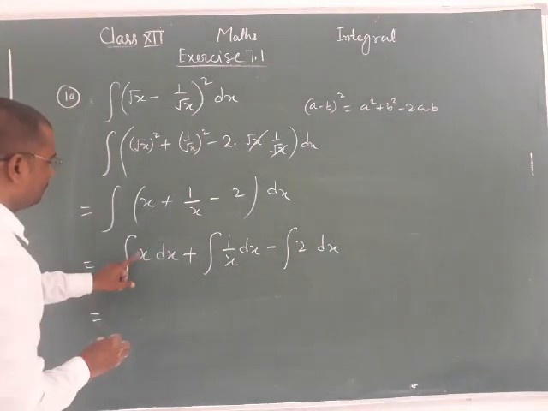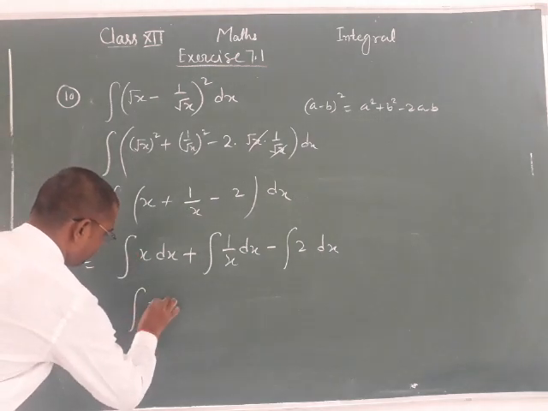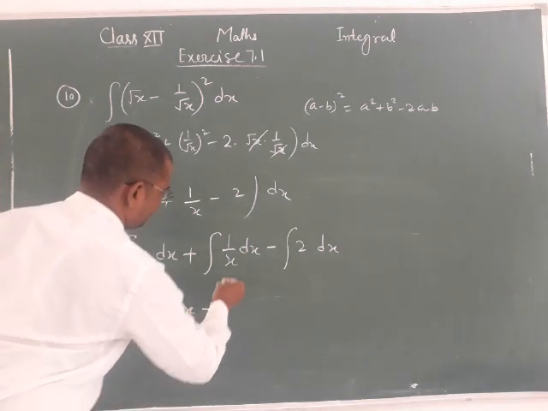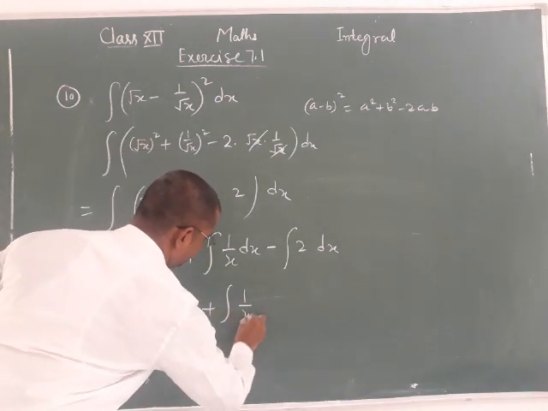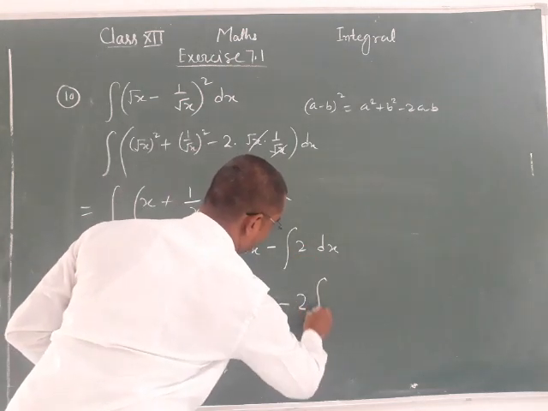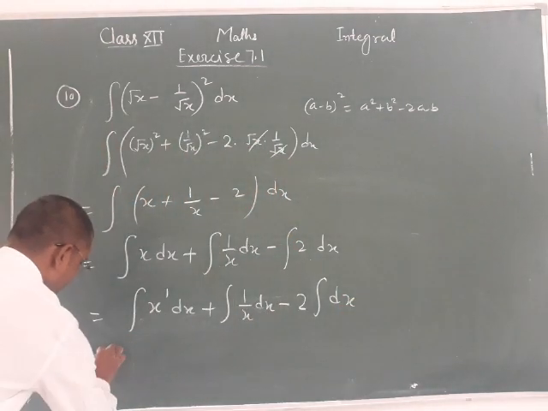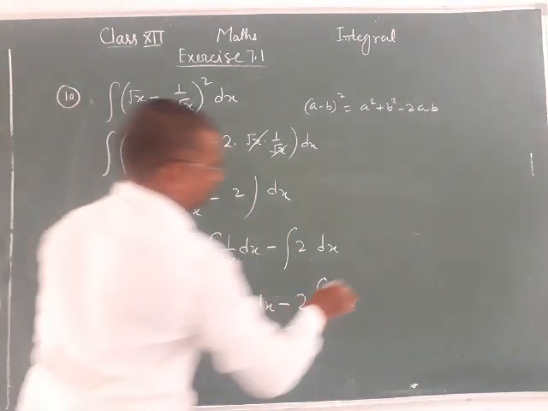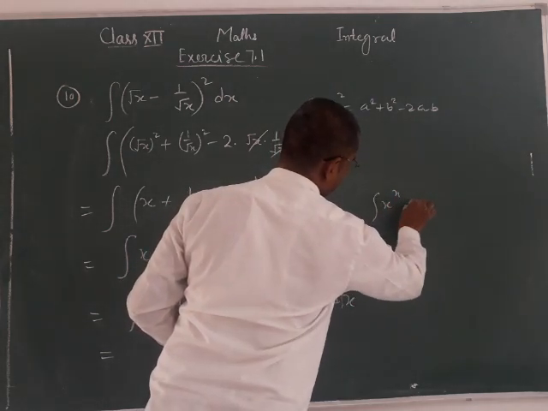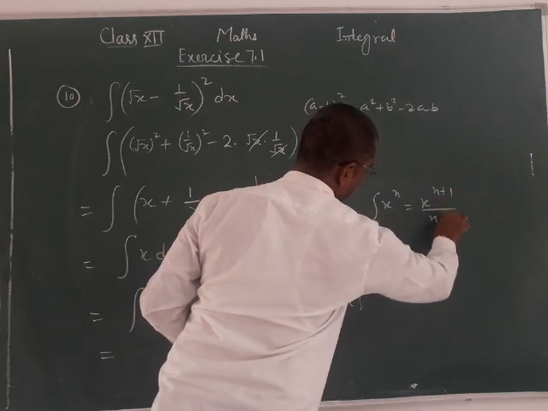Also written in the form x^1 dx plus integration of 1 upon x dx, and the constant 2 is taken common out of the integration of dx. So the formula: integration of x^n is equal to x^(n+1) upon n+1.